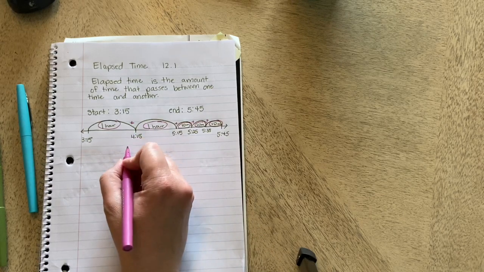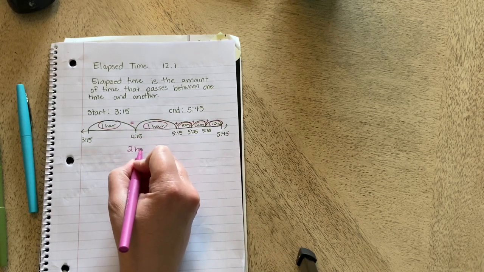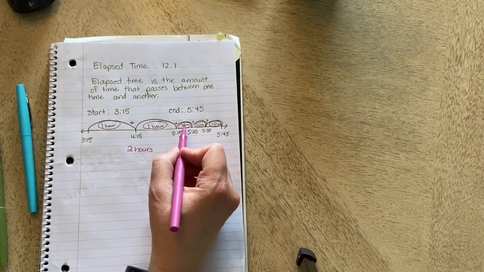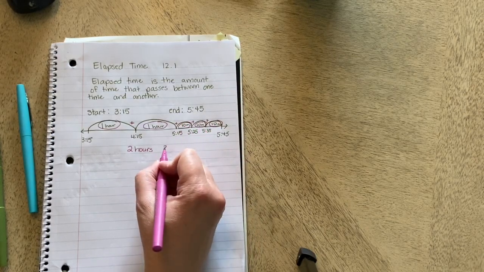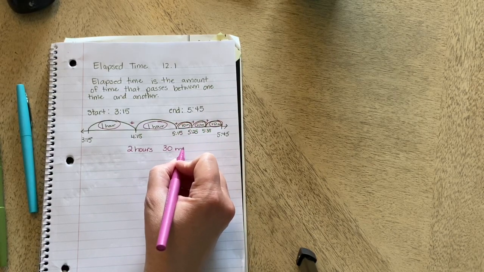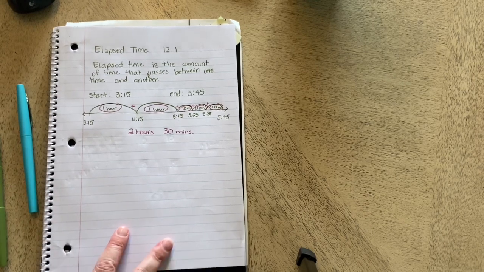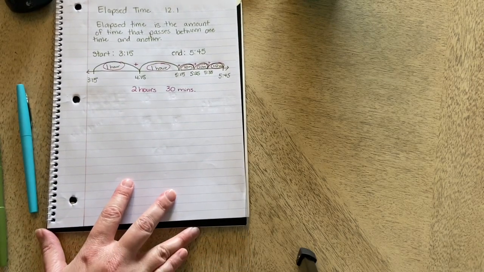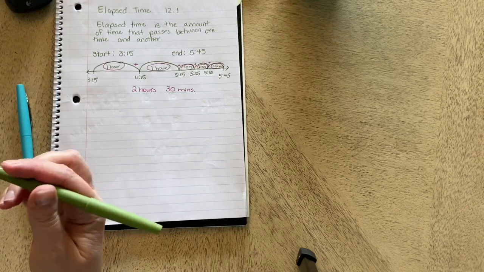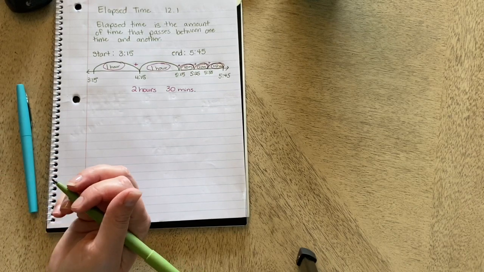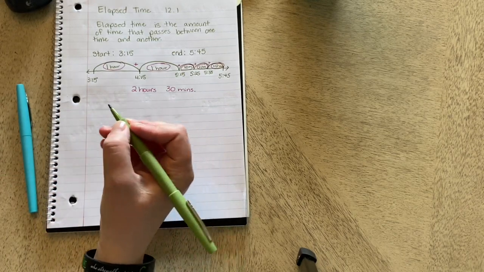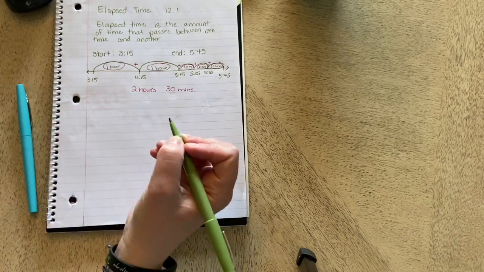So that gives us 2 hours, 10, 20, 30 minutes. Okay, so we'll do one more that way, and then I'll show you a different way of doing your elapsed time.